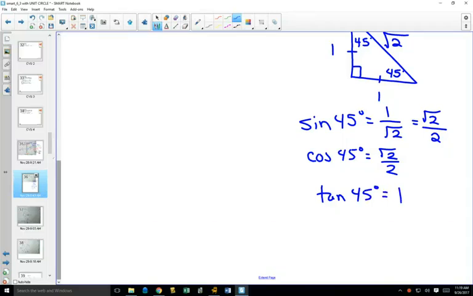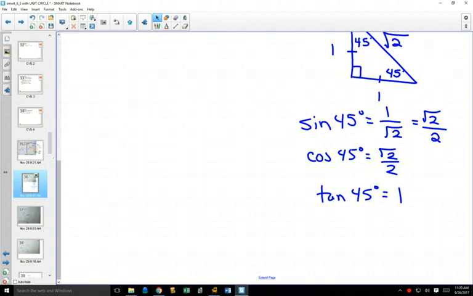So we did that all without our calculator, using that special triangle with 45 degrees and knowing something about isosceles triangles. Where I said you are now smarter than your calculator is that if your calculator's in degrees, and you type in sine of 45 and push enter, it will give you a decimal, I think 0.707 or something like that.